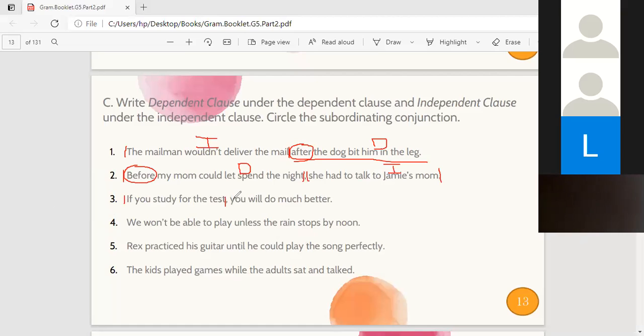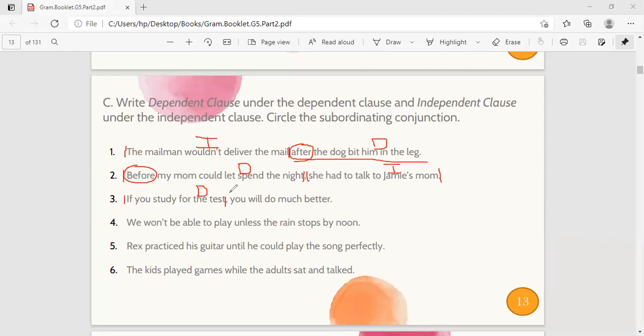If you study for the test, it doesn't make sense, it's not complete, so it's dependent. Continue. You will do much better is independent. Okay, what is the subordinating conjunction? You? Is "you" a subordinating conjunction? No, it's a subject pronoun. If. Yes, if. That's right. Thank you, Ibrahim.